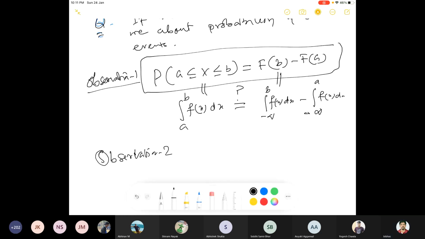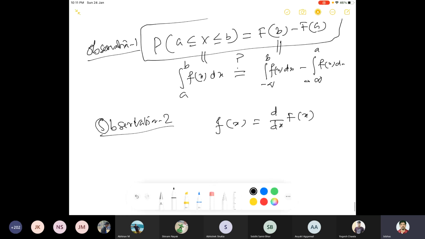Observation 2: f(x) is equal to d/dx of F(x), whenever the derivative exists. This is a very big question, when does this derivative exist? We will not analyze that question, but let us just say the derivative exists.